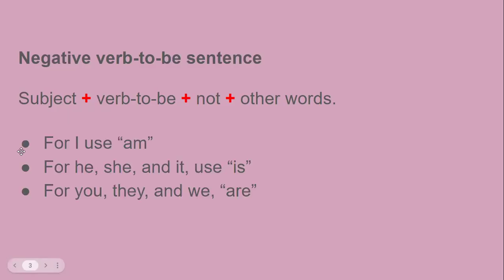Remember that for the subject I, use the verb to be am. For the subjects he, she, and it, use the verb to be is. And for the subjects you, they, and we, use the verb to be are.